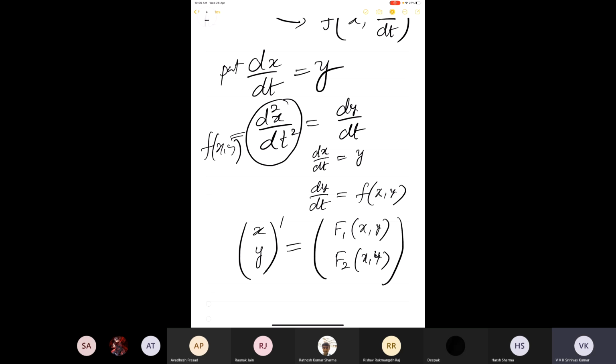Now in the right hand side here, the t is not emphasized. The underlying t is now ignored.